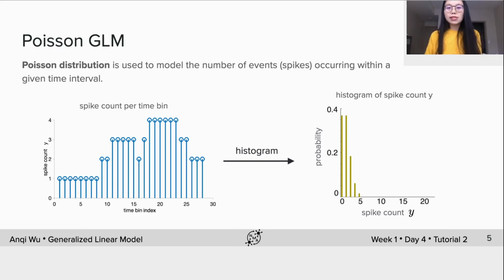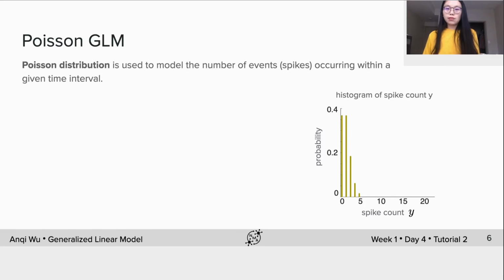Now we have a new sequence of spike counts, which are discrete values. We could generate a histogram of spike count y from this new sequence. The x-axis now is the spike count y, and the y-axis is the probability of y taking each discrete value. We can see in this example, most of the spike counts are small, like below 5. Given such a histogram, we could use the Poisson distribution to describe this probability mass.